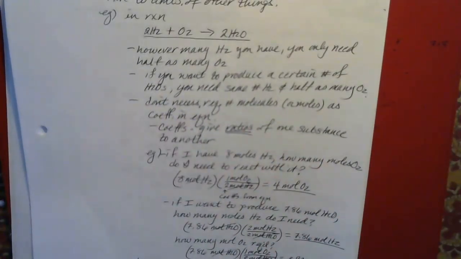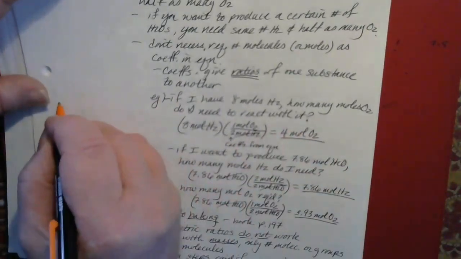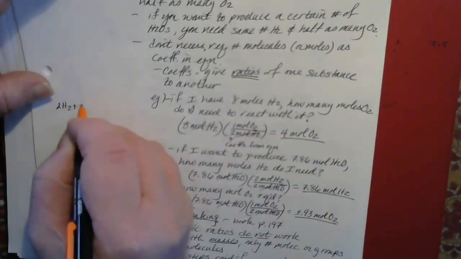So what we really do with these coefficients once we balance the equation is we use them as ratios to figure out how the quantities of one thing relate to quantities of other things in the reaction. Just as an example, using the above equation, which I'm going to write again here.